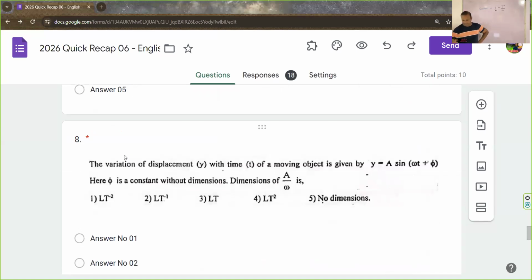Then the eighth one. So what is the answer for eighth one? Okay, y is equal to A sine omega t plus 5.